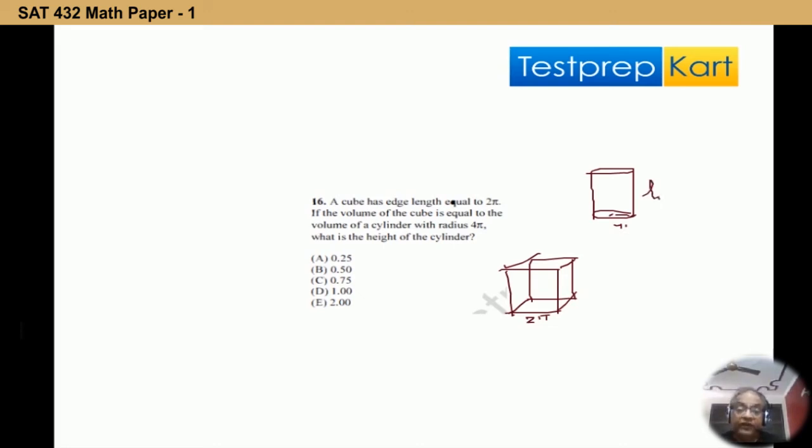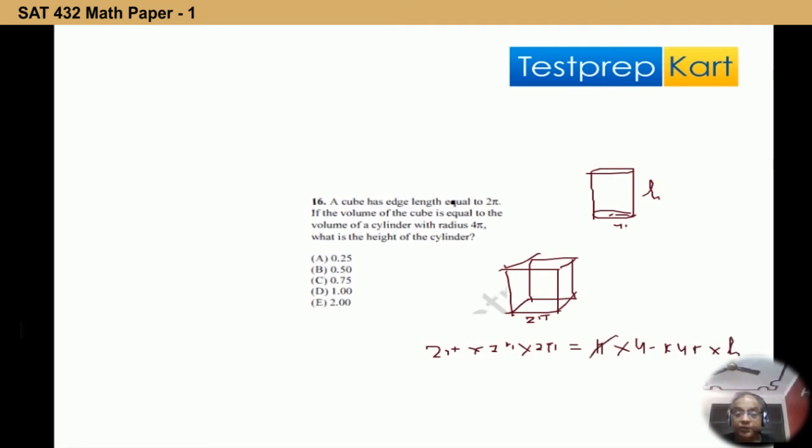What is given is that the volume of the cube is equal to the volume of the cylinder. So what is the volume of the cube? That is length into breadth into height, 2 pi into 2 pi into 2 pi, or 2 pi whole cube, which is equal to pi r square h, the volume of a cylinder. So that is pi into r square, 4 pi into 4 pi, into h.